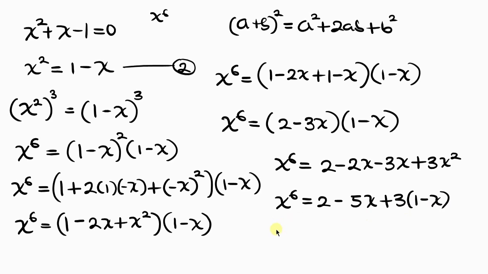So this becomes x to the 6 to be equal to 2 minus 5x. Now use this 3 to open up this bracket. 3 times 1 is 3 minus 3 times x is 3x. Let's simplify further on the next slide.